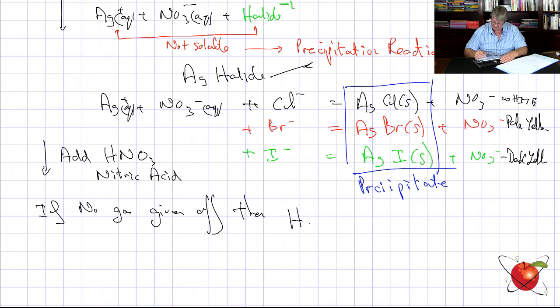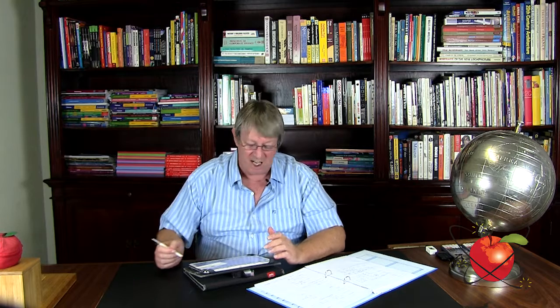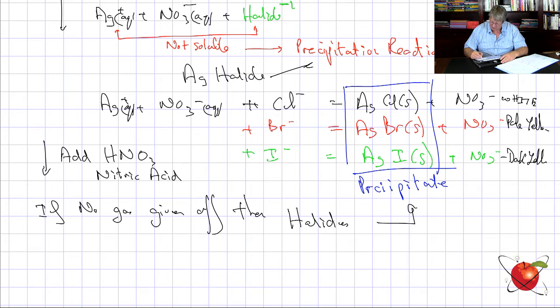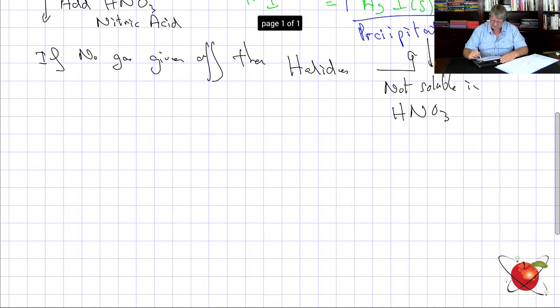Because when we add the acid, it's going to react with that powder at the bottom. If it's a carbonate, it's going to dissolve and bubble off. Basically, none of the halide precipitates are soluble in HNO3. Now, that's the test for the halides.